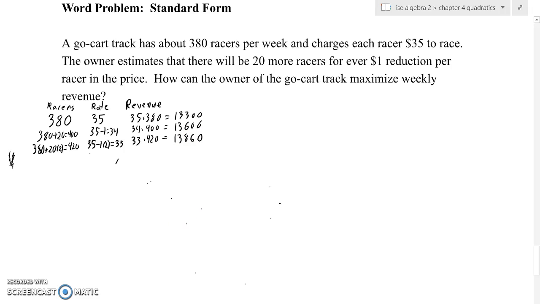What if we reduce the price by another $1? So 35 minus $1 3 times. That'll get us $32 we're charging for all of 380 people, but 20 times 3 more, for 440.